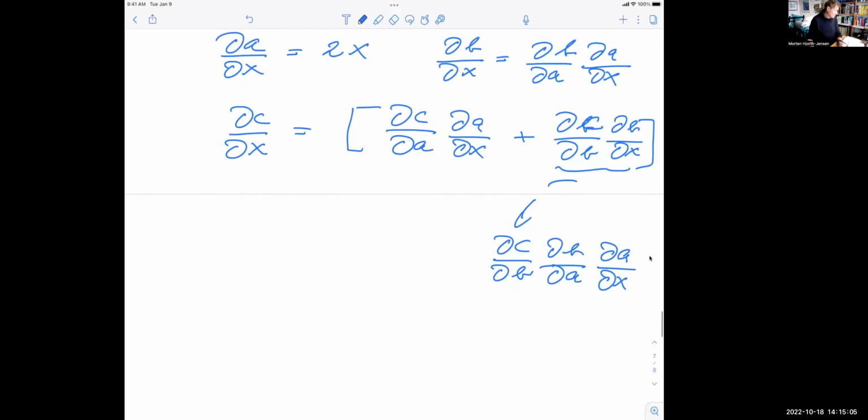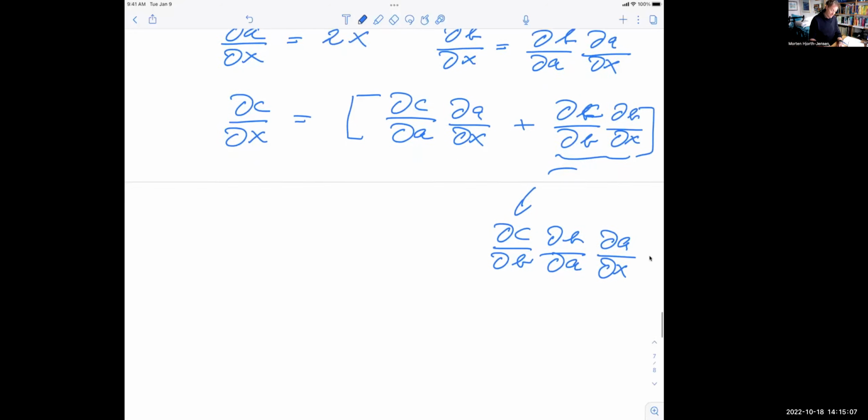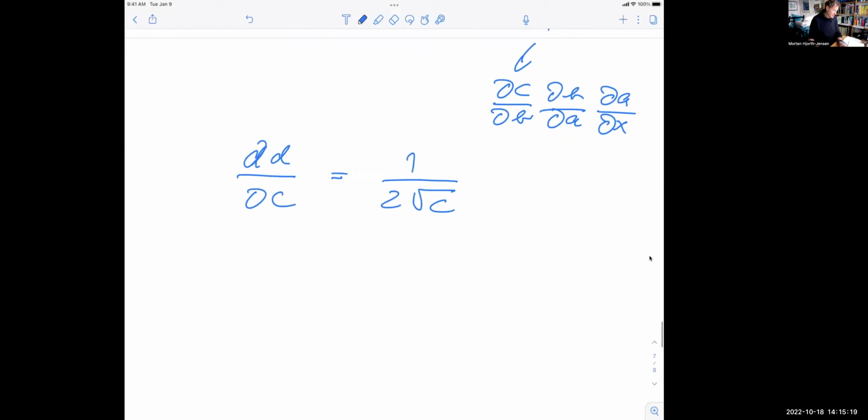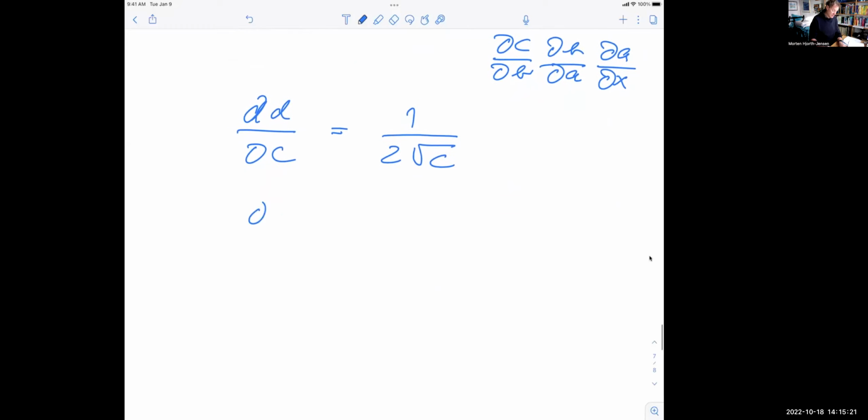And then we can do the same with dd/dc. That's simply going to be equal to 1 over 2 times the square root of c. And then I have that dd/dx is going to be the same as dd/dc times dc/dx, and this is the same as df/dx.